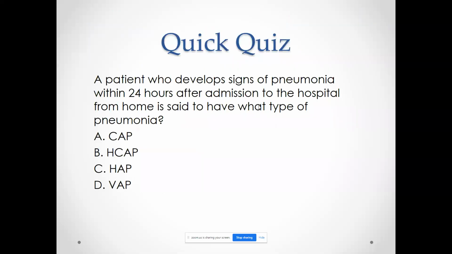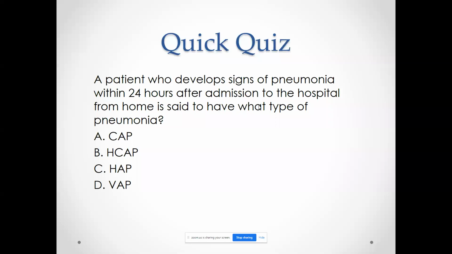Now I will ask you a first question, and please answer me. You have a patient who develops signs of pneumonia within 24 hours after admission to the hospital from home.